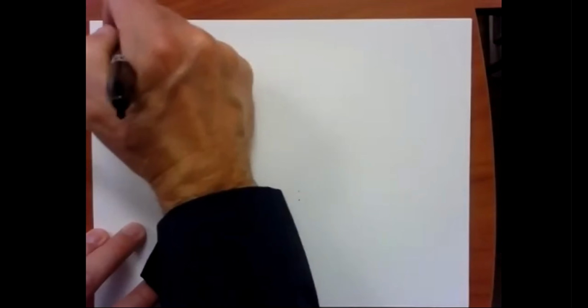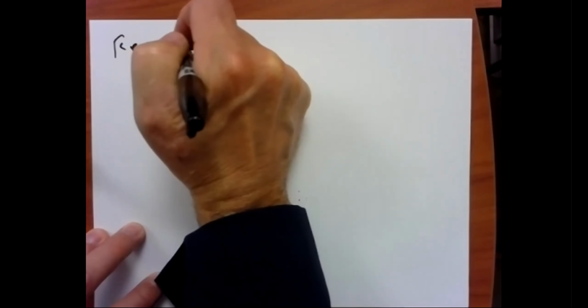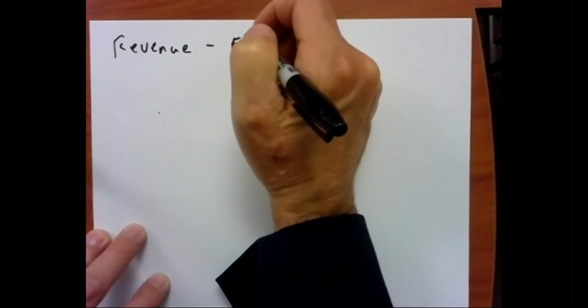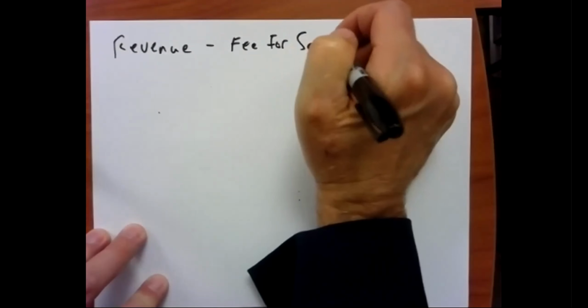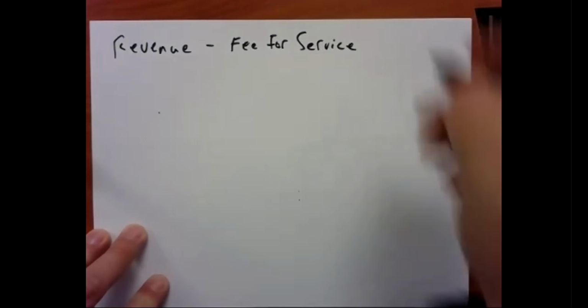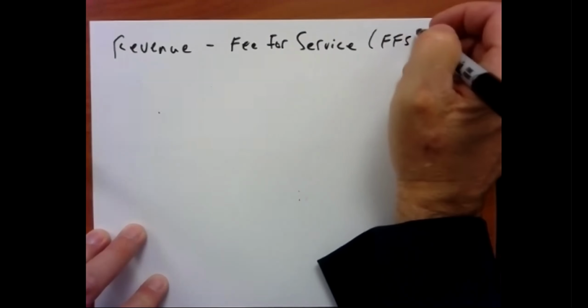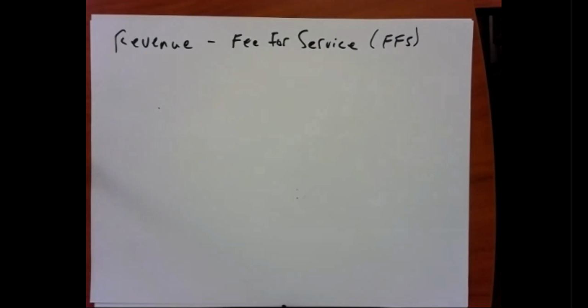So we'll start by talking about revenue under a fixed fee for service approach, and I'm going to abbreviate that FFS, okay? Fee for service. What does that mean? I walk into the doctor's office. I say, doctor, I don't feel good. Doctor says, okay, sit down.